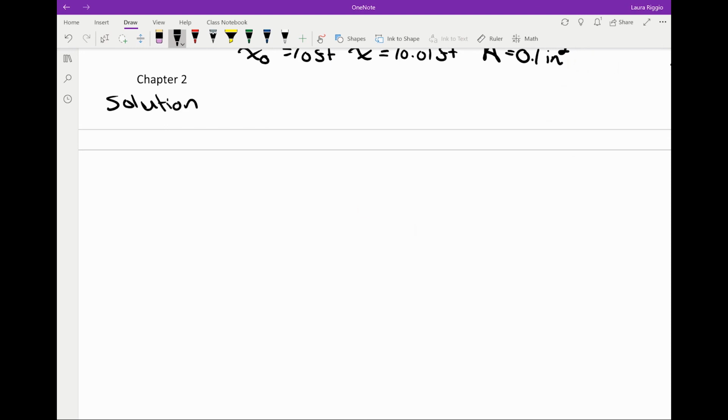So, how do we solve our problem? We have work is equal to the integral from x naught to x of sigma A dx. And since work is done on the system, this is going to be negative.